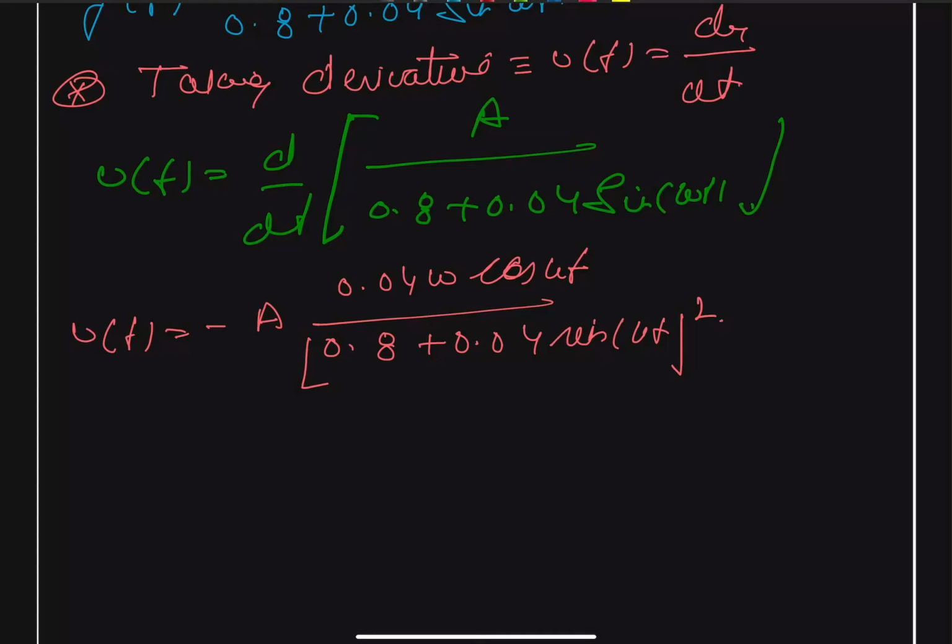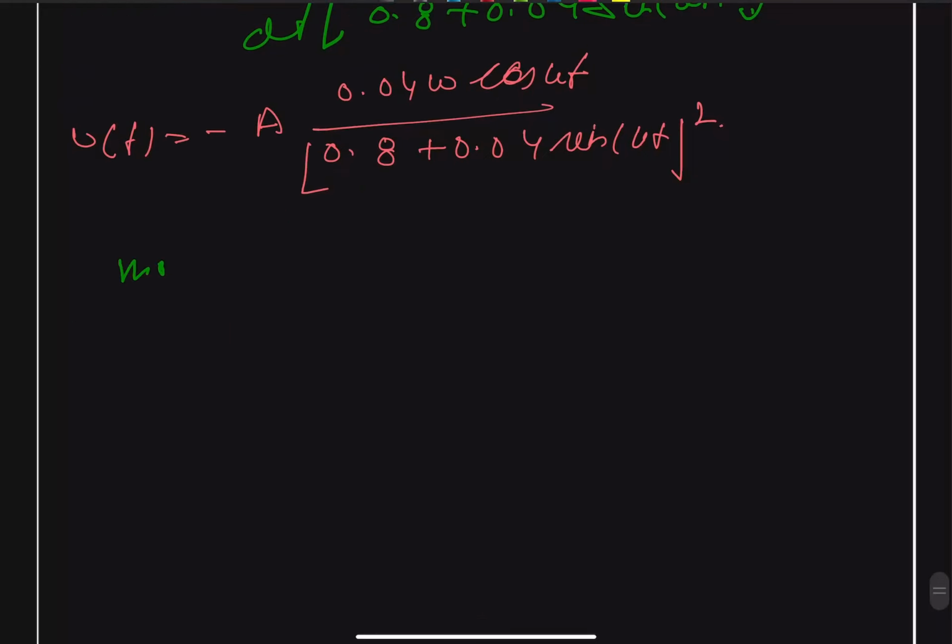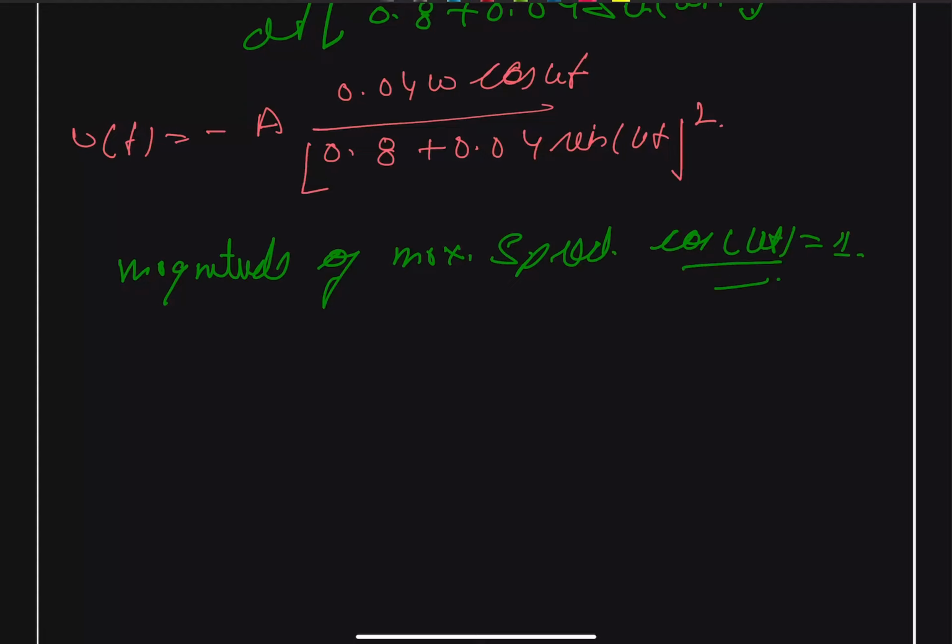For the magnitude of maximum speed, cos of omega t should be equal to 1, and the denominator should be minimum because we need the speed to be maximum. So the denominator function, that is sine of omega t, should be equal to 0.